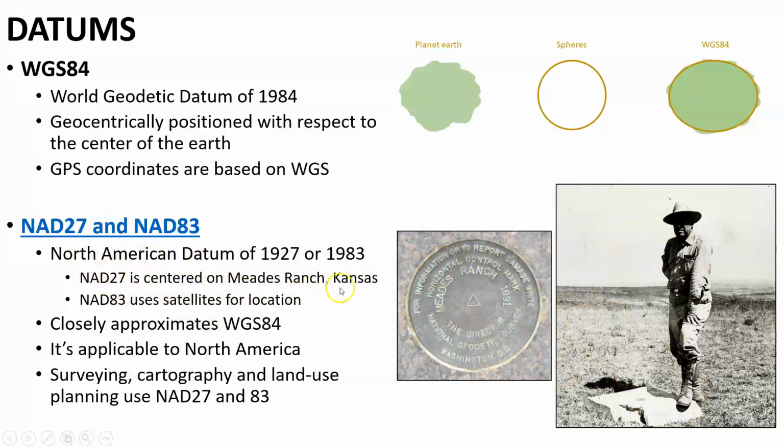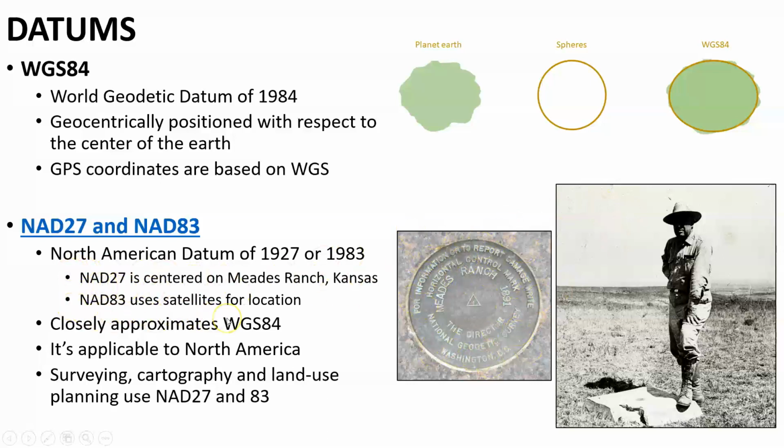Since 1927, the world has changed. We understand that the Earth is a changing system, and whenever there's an earthquake, a volcano eruption, or just erosion, it also moves the benchmarks and changes where the original benchmarks for the NAD 27 were placed, right?